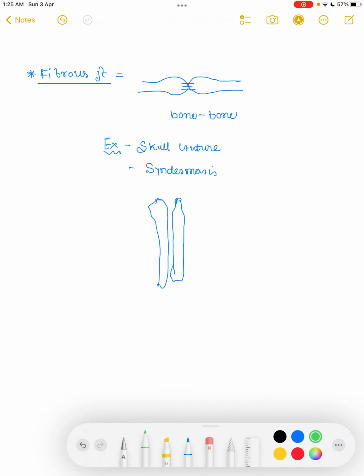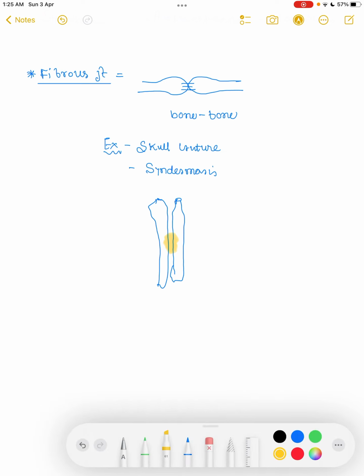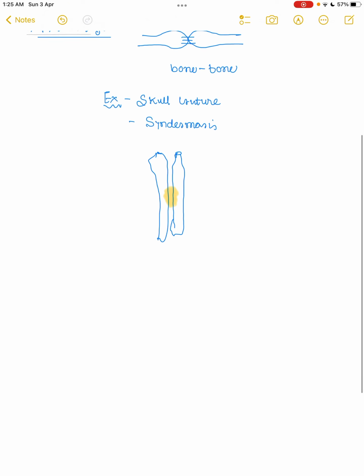So this is the syndesmosis. Okay, so what are the examples?